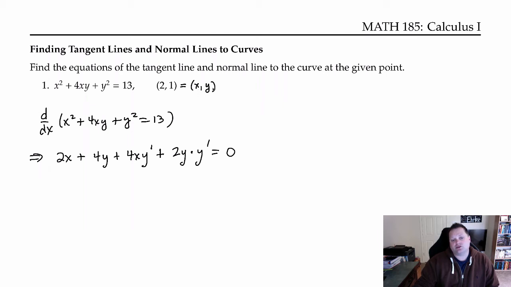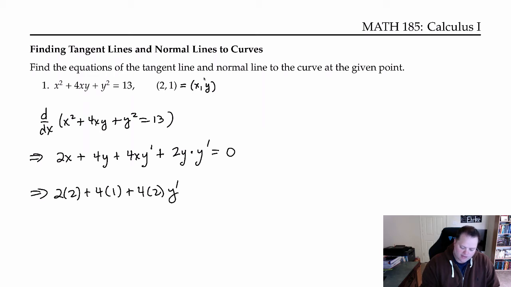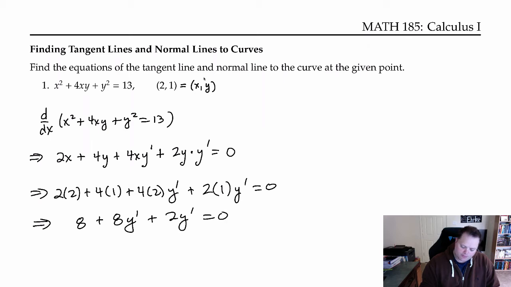You know that x is 2, you know that y is 1, so plugging in those values, x is 2, y is 1. Y prime is unknown, it's what we're going to want to solve for. Okay, so this is 4 plus 4 is 8, plus 4 times 2 is 8, plus 2y prime.